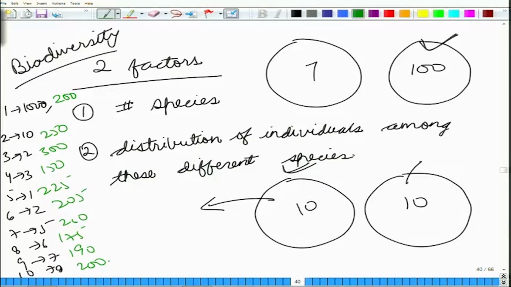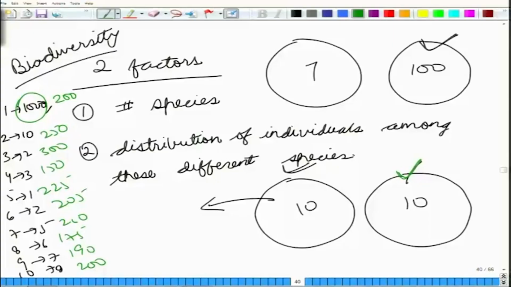If this is the number of individuals of different species in the second community, then wherever you go you will find a representation of all these different species, because all of them have a roughly equal numerical abundance. So, if you have a situation where there is one species that is dominant, the more is the amount of dominance or the more is the relative abundance, the lesser is the biodiversity.